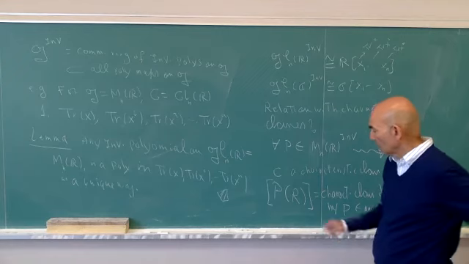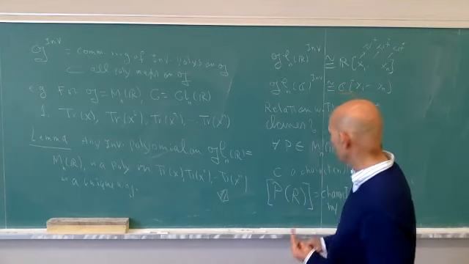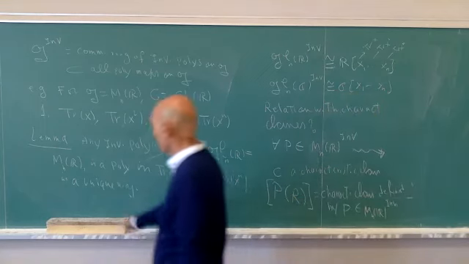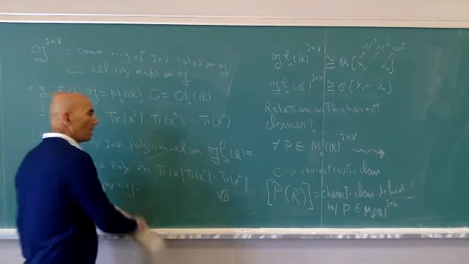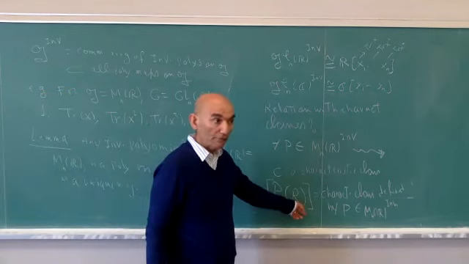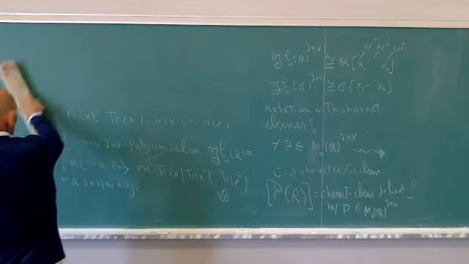Right? So now, two questions you have to worry about. Why is this a well-defined concept? Because what if you choose a different connection? And what if you choose a different frame? There are two issues here.